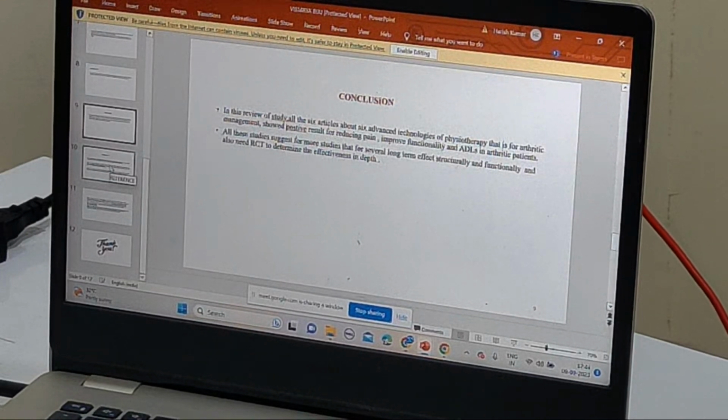All these studies suggest more studies for long-term effects structurally and functionally, and also need RCTs to determine their effectiveness. And even by this study, I also came to the conclusion that there are very few articles on this topic, these kinds of technologies. So we need more studies on these advanced physiotherapy technologies.